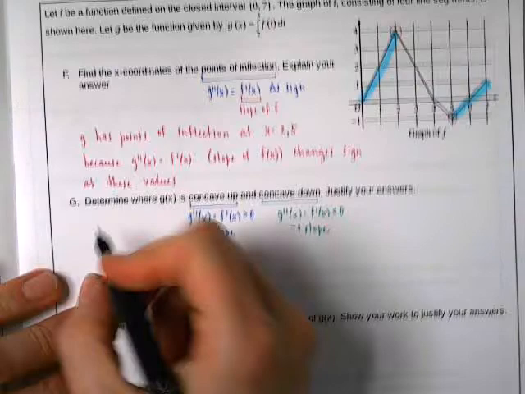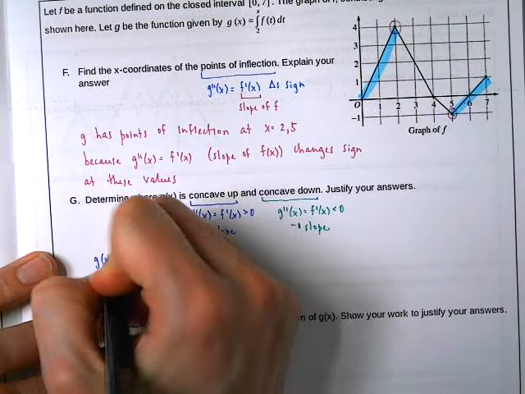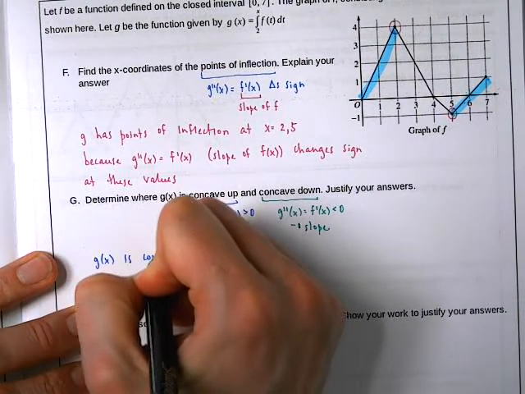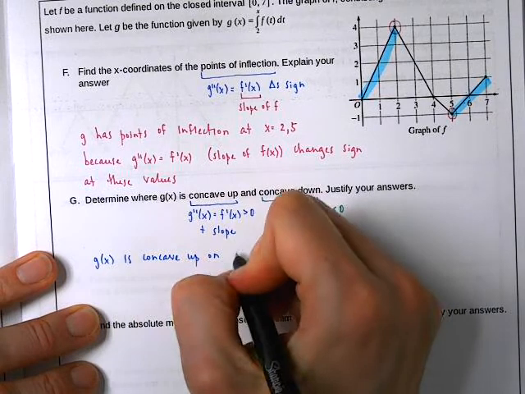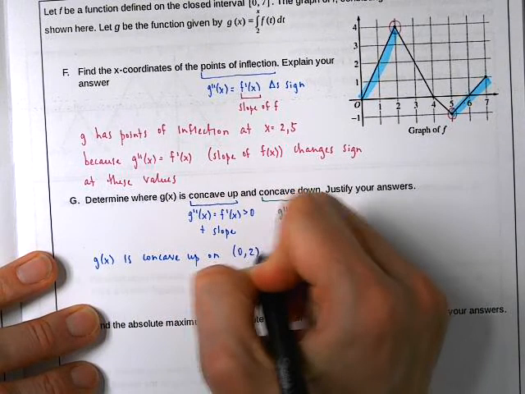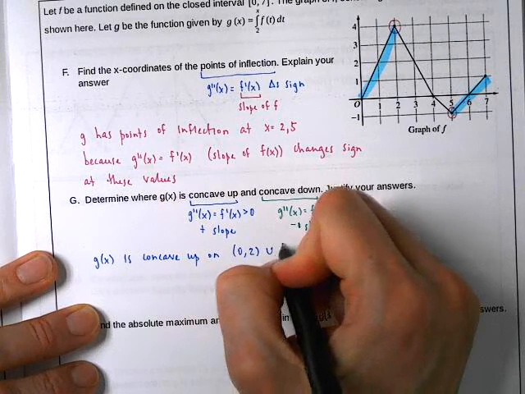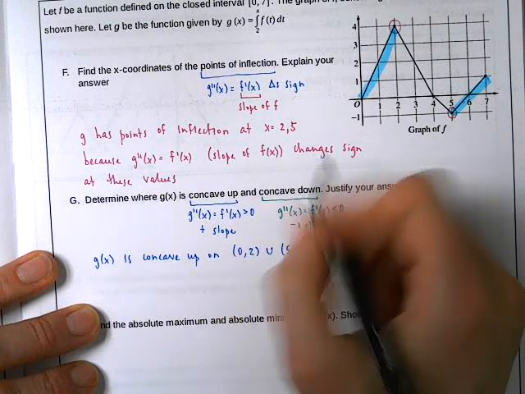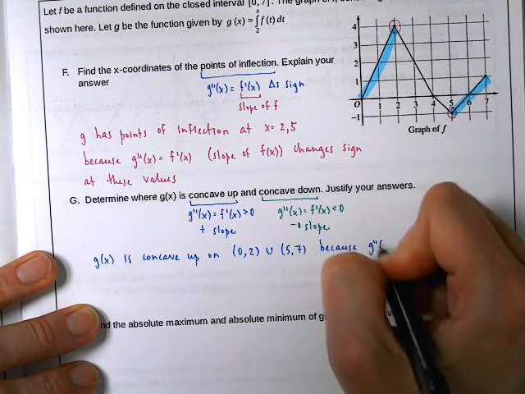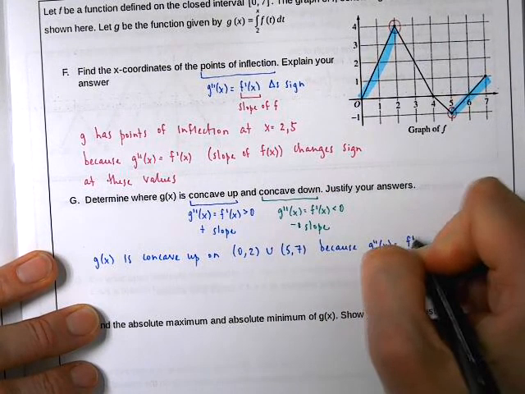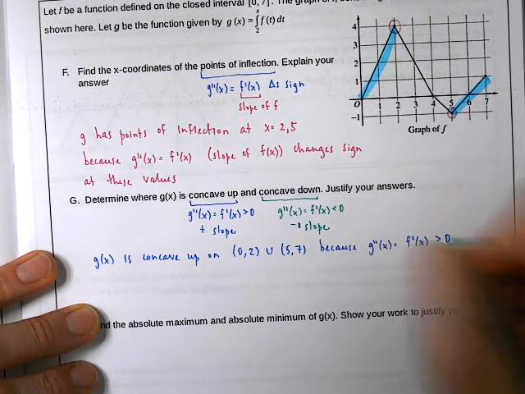So I would say g of x is concave up on the interval from 0 to 2, and then from 5 to 7, because g double prime of x equals f prime of x is greater than 0.